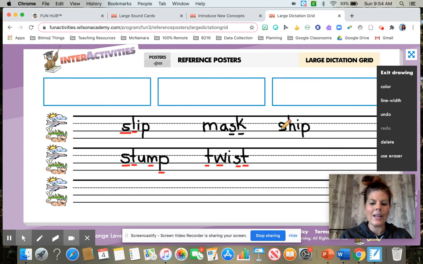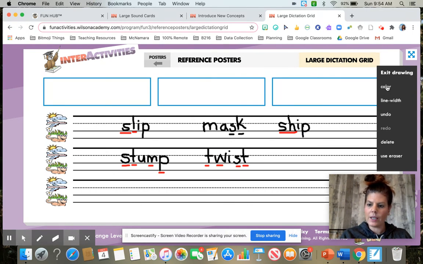So it's not going to get two lines like our blends do. We know that SH gets one line under it because it's one sound. If we were building a word with our standard sound cards, we would use that SH card that's on the same card because it's one sound. Sh, i, p, ship.